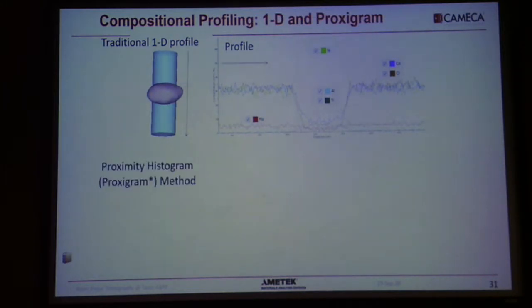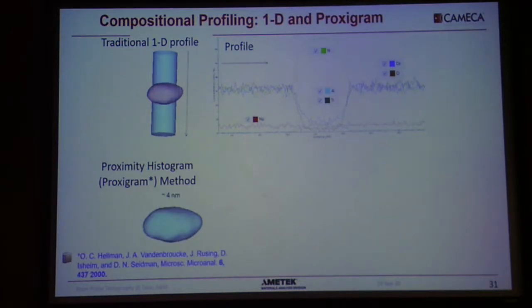Or you can take what we call a proximity histogram. That means you can define a specific threshold for the concentration that you want to display. And from the interface that has been created of this particle, you can interrogate the volume at intervals away from the surface or inside the surface. Okay?